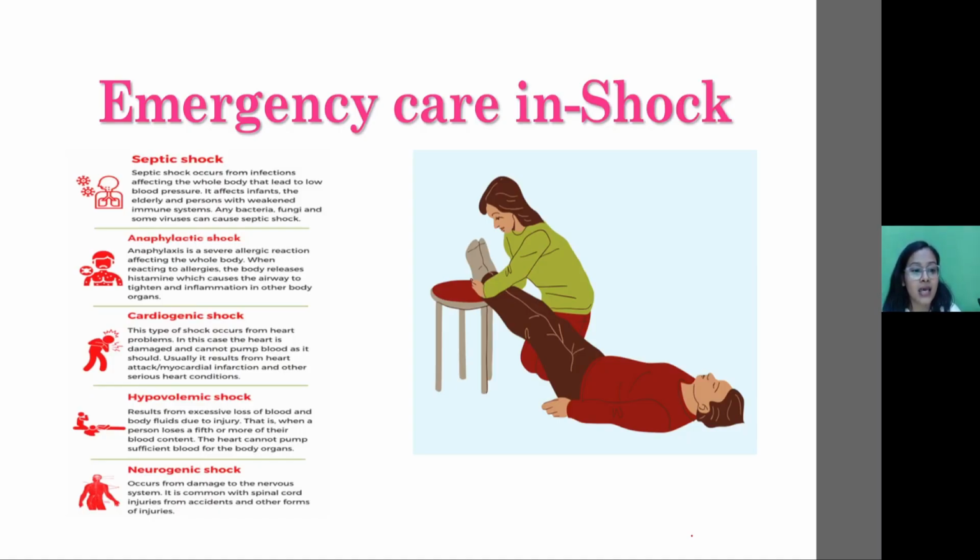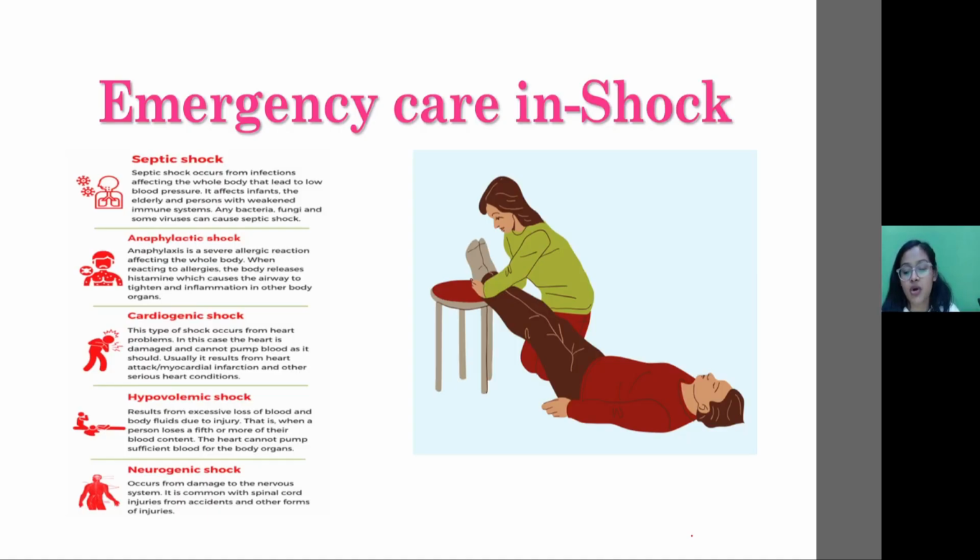Next one is anaphylactic shock. Anaphylaxis is a severe allergic reaction affecting the whole body. When reacting to allergies, the body releases histamine which causes the airway to tighten and inflammation in other body organs. Whenever you inhale some type of virus, some type of fungi, right?